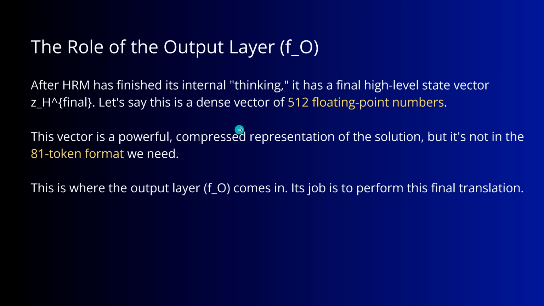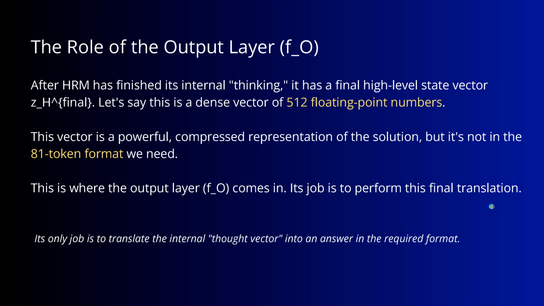But it is a representation in a high-dimensional solution space, a vector space, and it is not in the 81-token format we need as a representation for the Sudoku solution. And this is now where our output layer transformation comes in. The output layer has only one job to do: perform this final translation from 512 to 81 dimensions. It learns it. This is it.